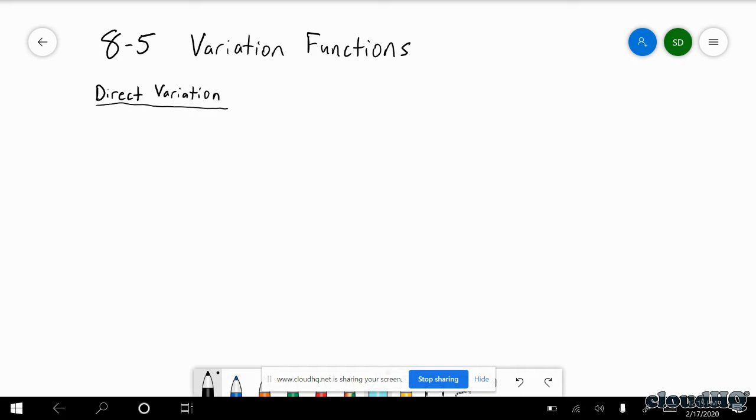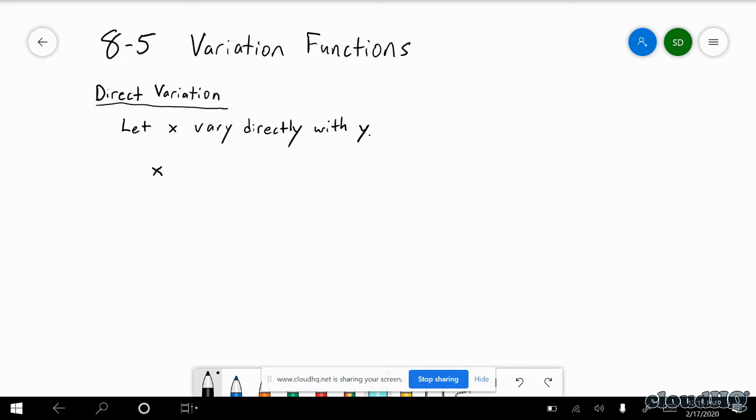So direct variation, let's go ahead and say we've got two things that vary directly, maybe X and Y. So I could say let X vary directly with Y. If that's the case, we can express their relationship as an equation.